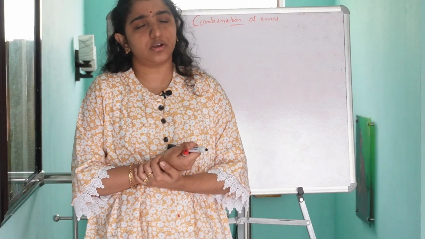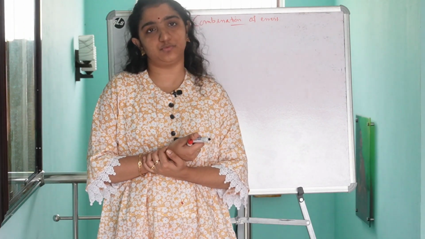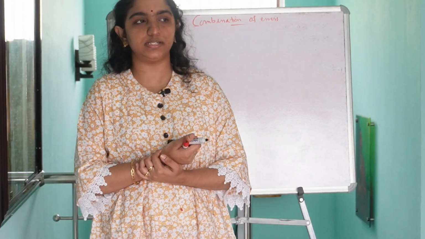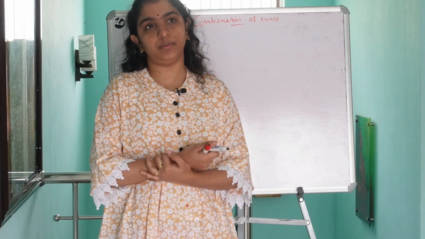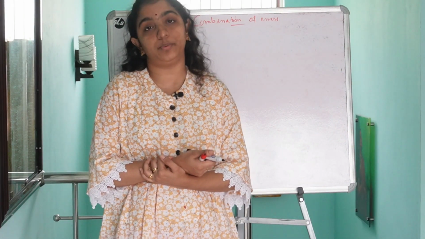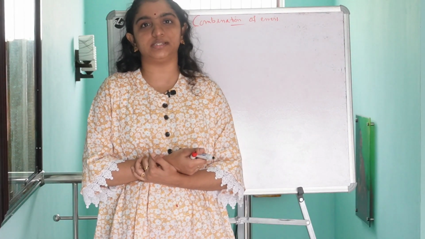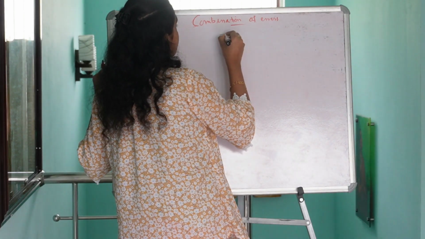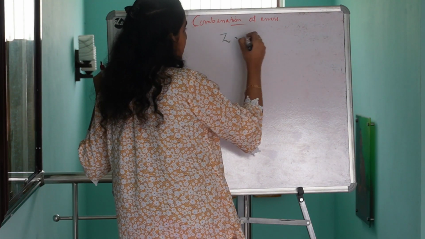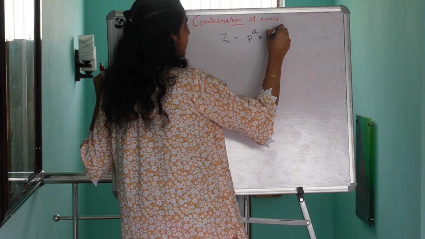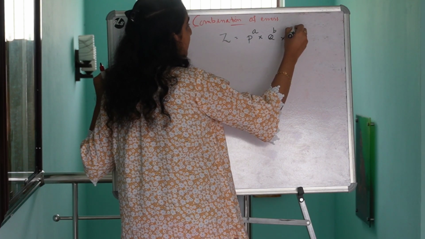In most cases in questions, or in real-time situations, we may have to perform more than one operation on physical quantities, isn't it? Suppose, for example, it is given z is equal to p power a into q power b into r power c.